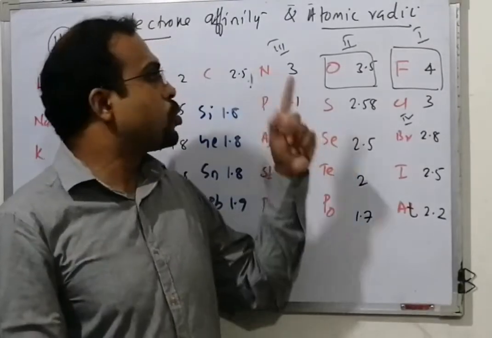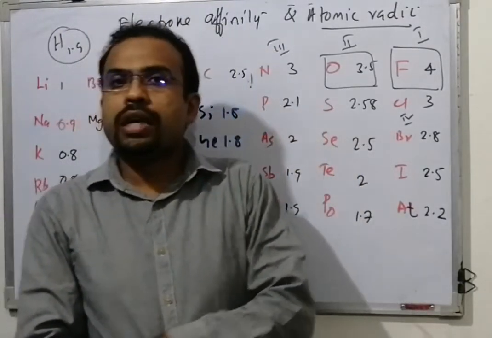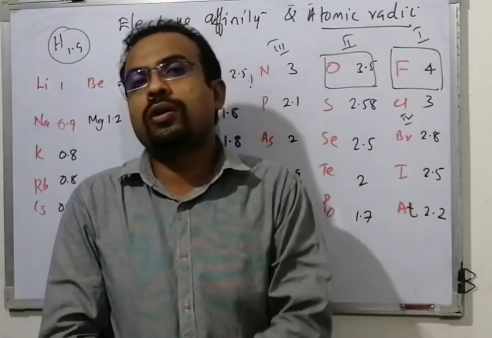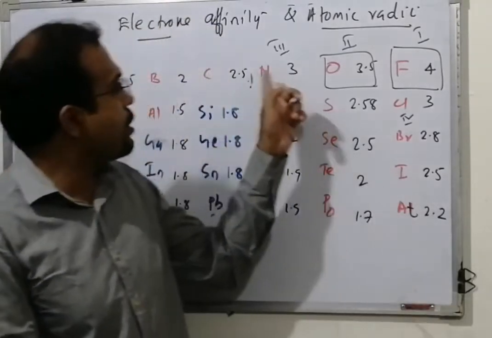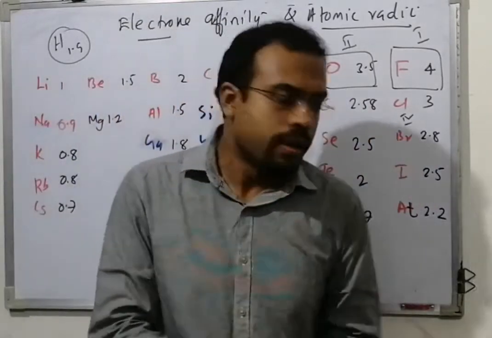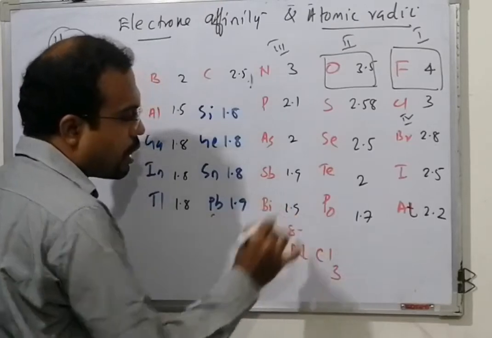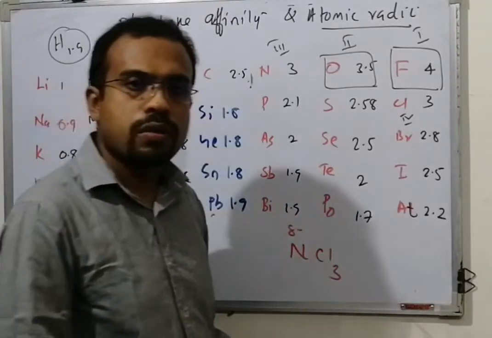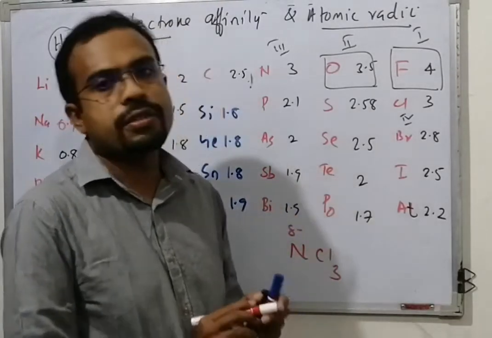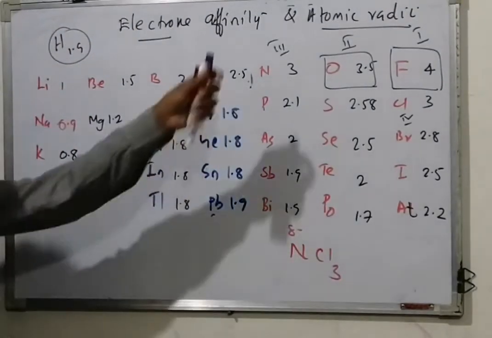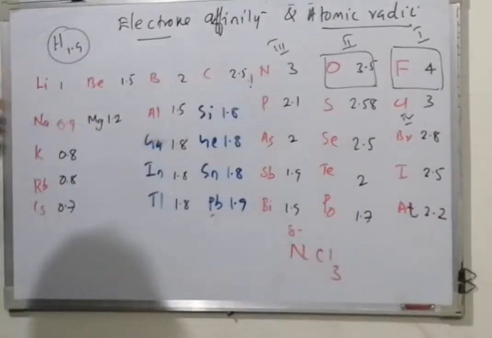Don't think that two elements have the same electronegativity. In NCl3, nitrogen has a partial negative charge. Yes, this is a brief on electronegativity. The most electronegative atom is fluorine.